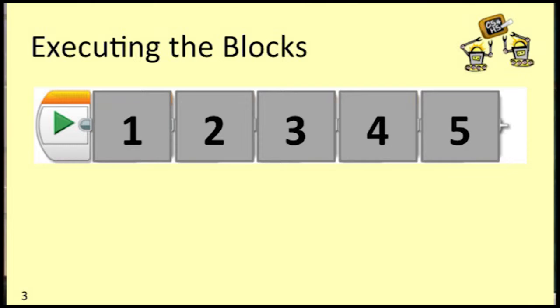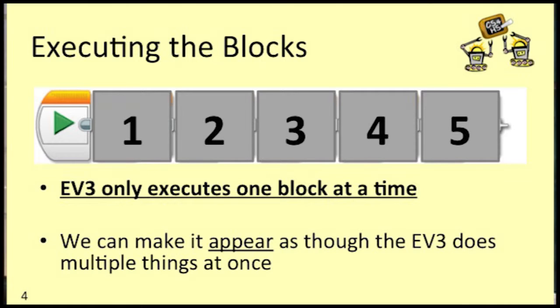The EV3 executes a program one block at a time from left to right. At any given time, as far as the EV3 is concerned, it's only executing a single block. Later, we'll learn about ways to make it appear as though the EV3 is doing multiple things at once. But the truth is, for everything that we're going to do in this course, the EV3 will only ever execute one block at a time.